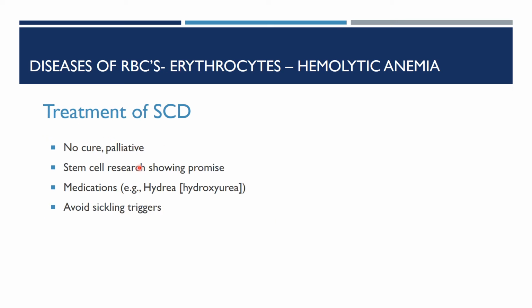Now, why don't we just target the bone marrow cells and tell them to stop producing the sickle cell disease form? That is an area of promising potential. However, when dealing with stem cells, you're always dealing with moral issues. Okay? We could give medications and then avoid triggers that would really start this process.